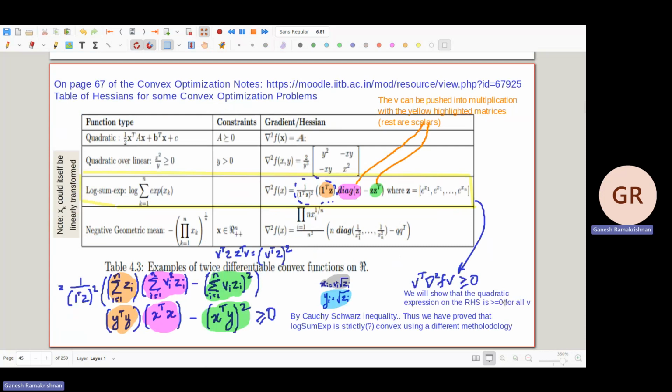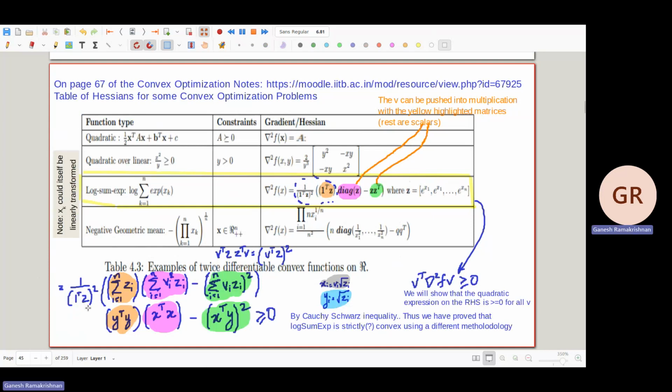Okay, so I have shown this in some detail for log sum exp. This is quite important for us. What I've shown is, what if the z is substituted? The z, as I said, is exp of all the x1, x2, xn, right? So if I substitute, how do I end up getting the Hessian?